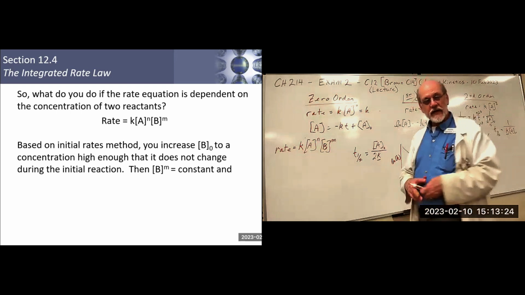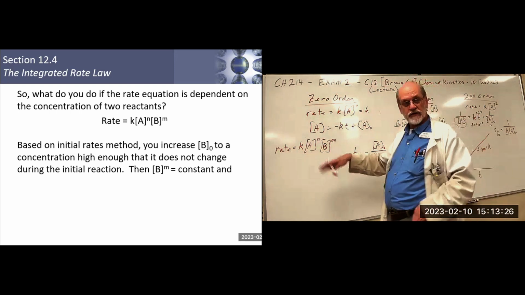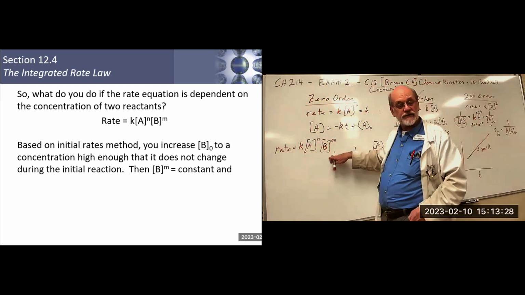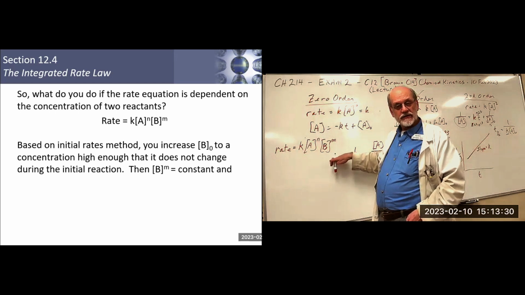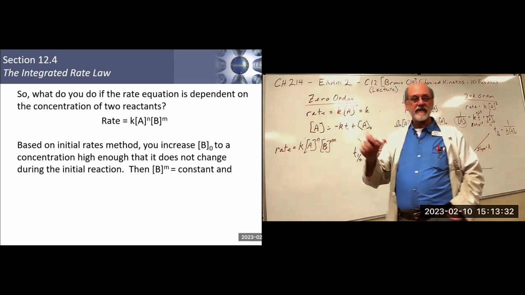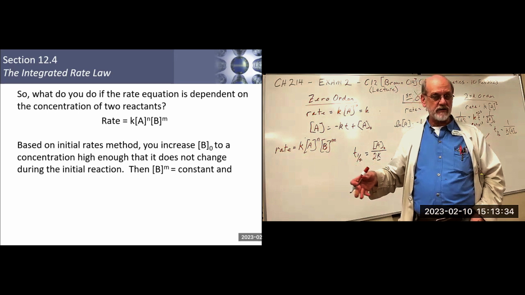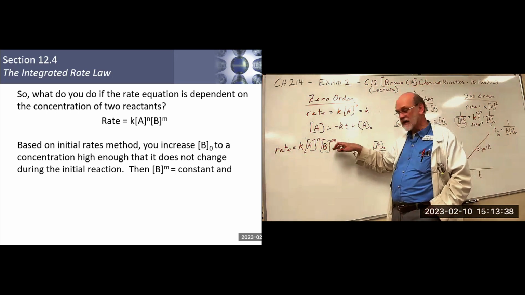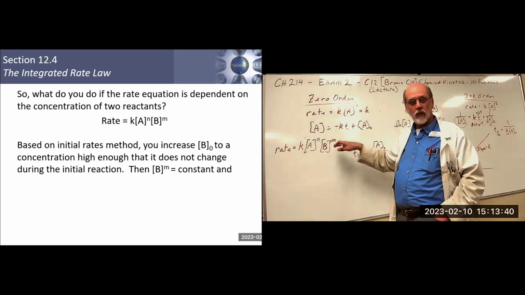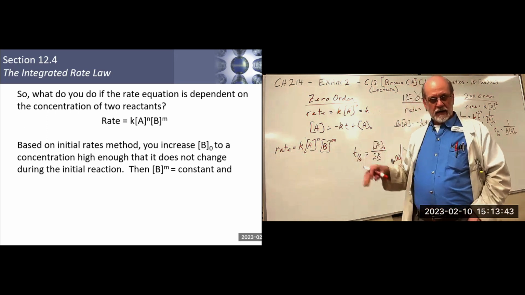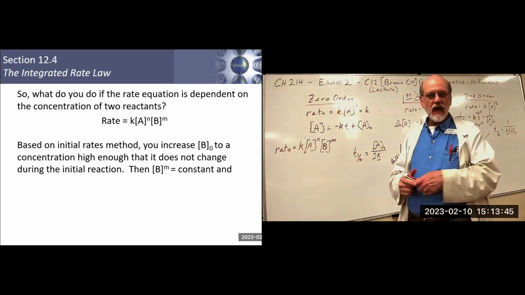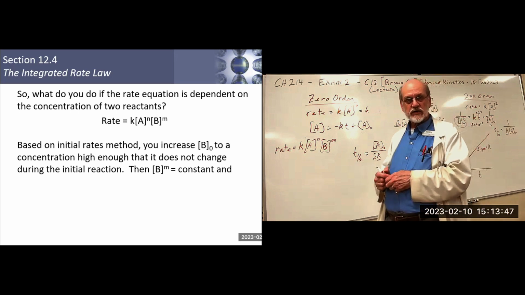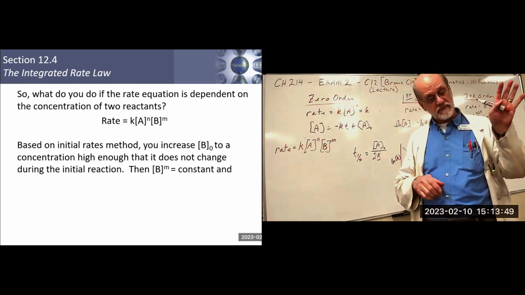You increase the initial concentration of one of them, we're going to say B, to such a high level that it effectively does not change during the reaction. Since we're studying it at the beginning, that's probably true. It won't change very much. It's not perfect, but it's doable. And that's the way we're going to do it next week.